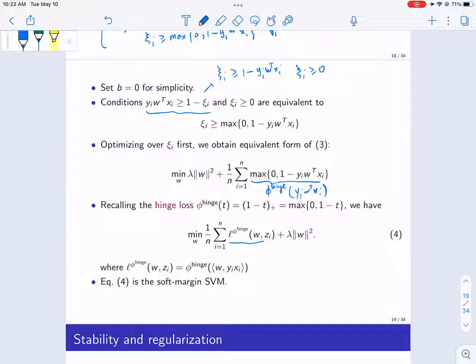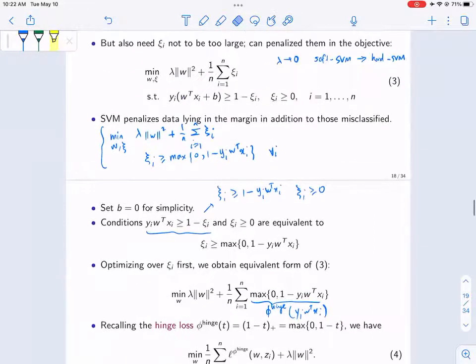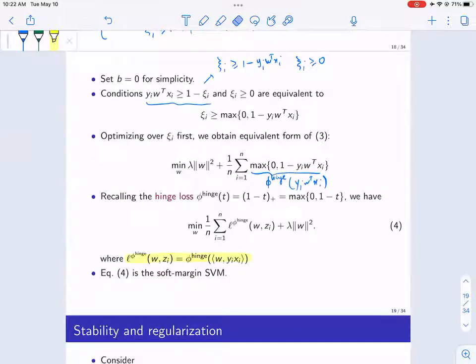Right? Using this sort of abuse of notation, if you will. So this 4, or this previous one, these are equivalent. 3 or 4, this is the soft margin SVM.